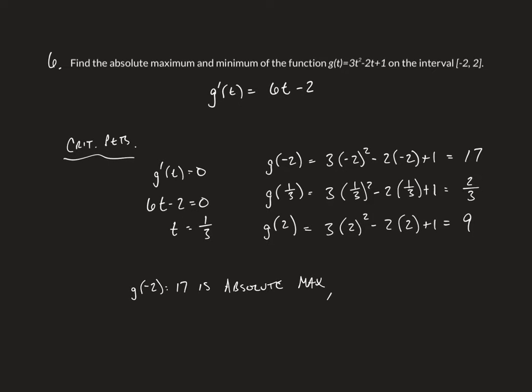And the lowest of these points is 2/3. That's the smallest value. So g of 1/3 equals 2/3 is the absolute minimum.